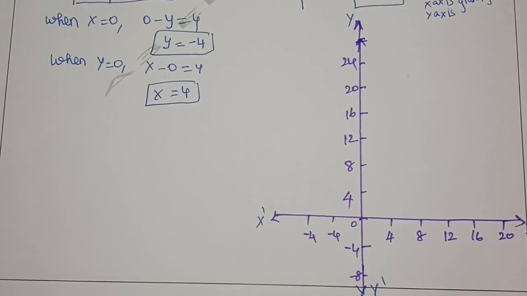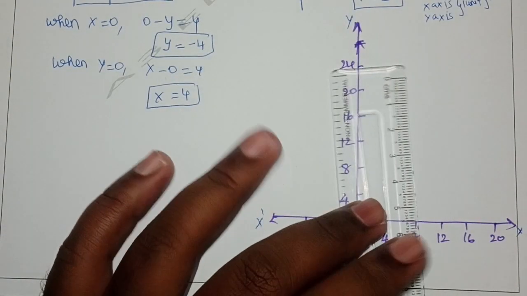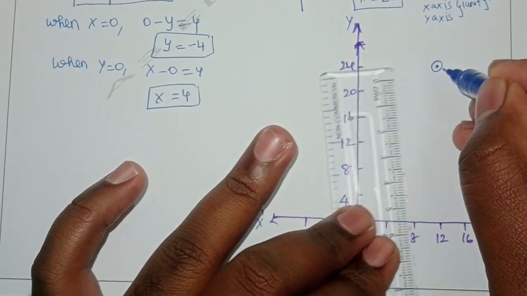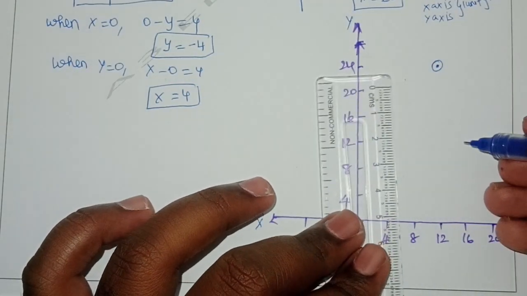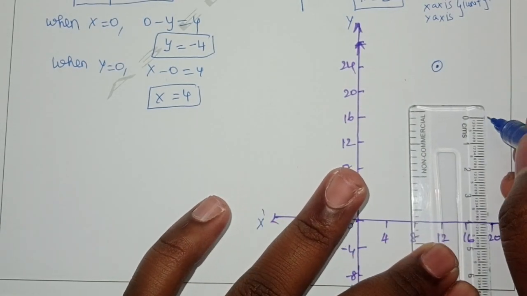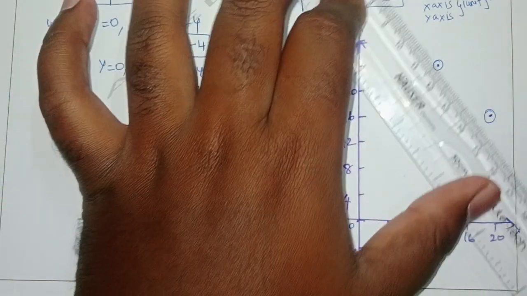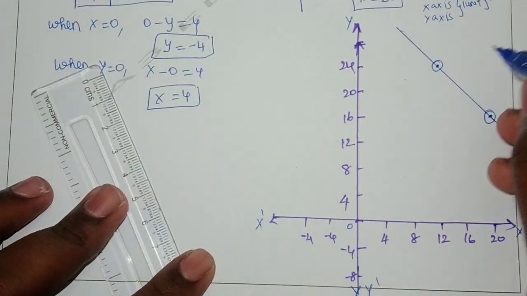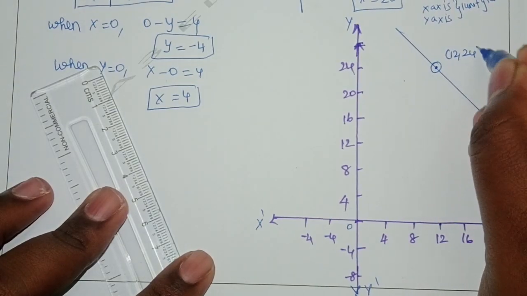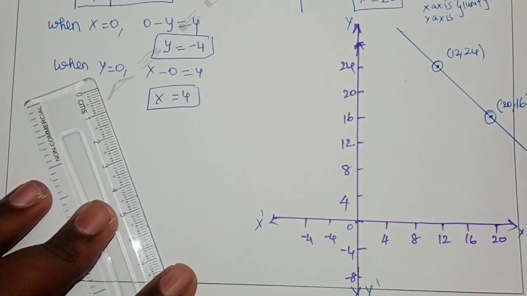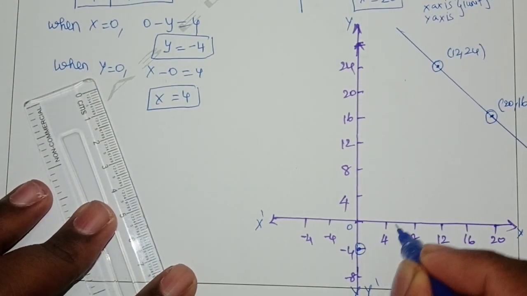For the first equation, 12 comma 24, then 20 comma 16. Then for the second equation, 0 comma minus 4 and 4 comma 0.